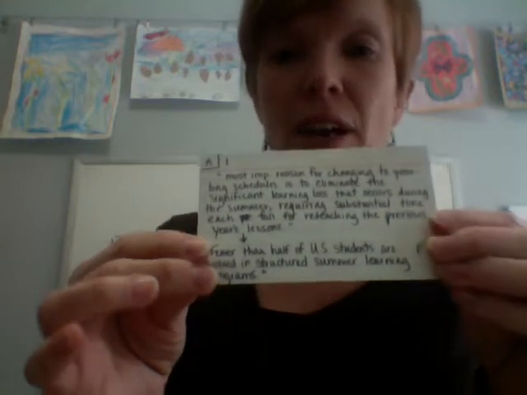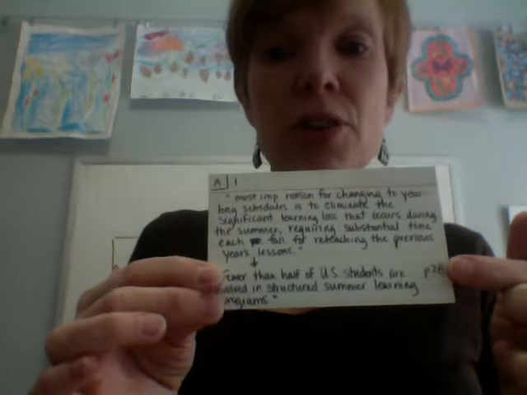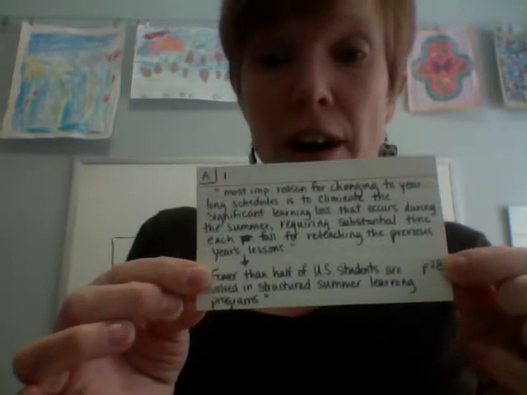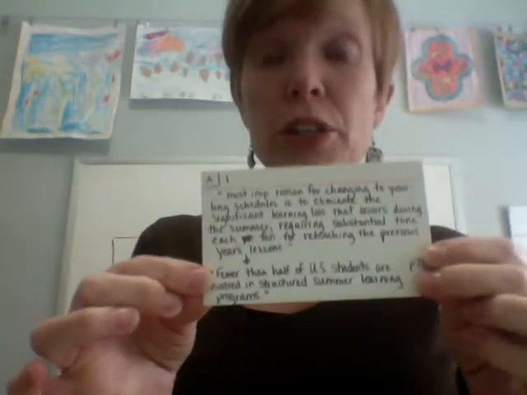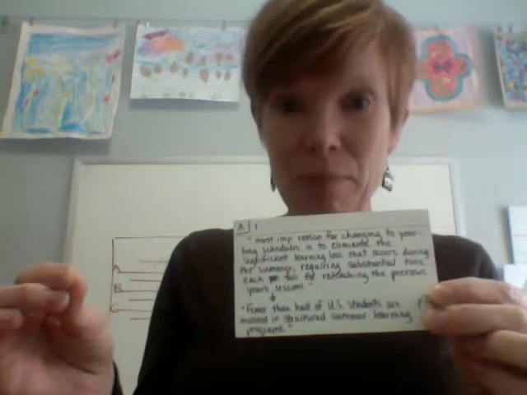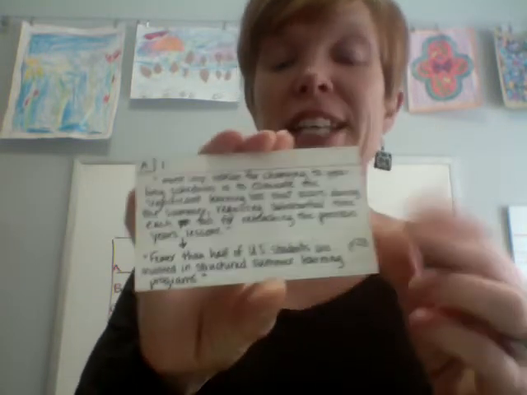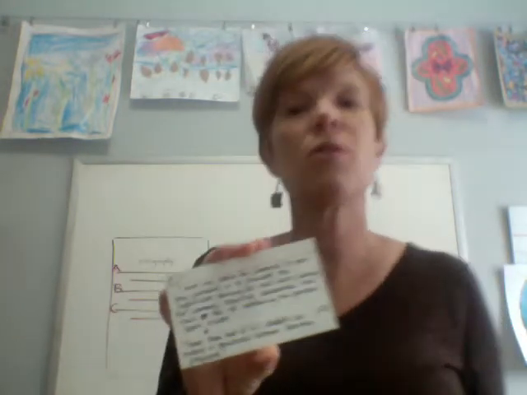But here's the kicker. The page number, okay? It's got to end up on this card. Because remember, when you do an in-text cite, you will have the author's last name and the page you found it on, okay? So if it's an internet article, we've talked about that before, there aren't page numbers most of the time.